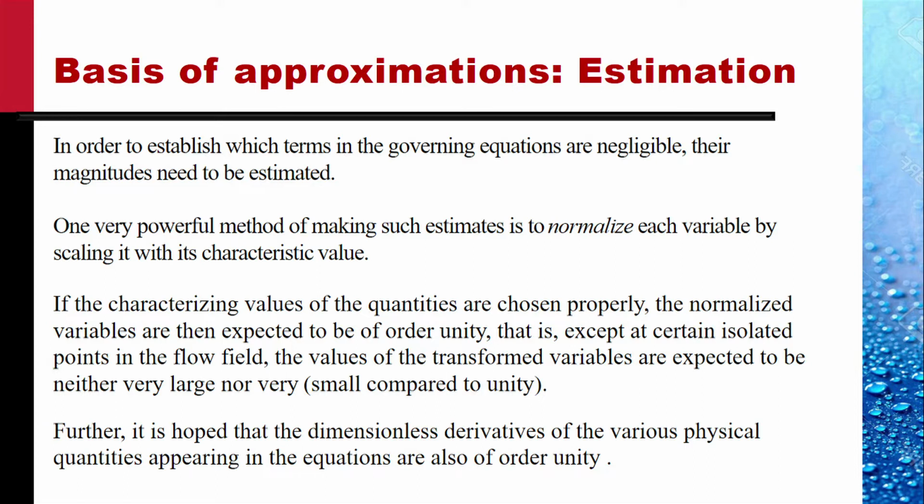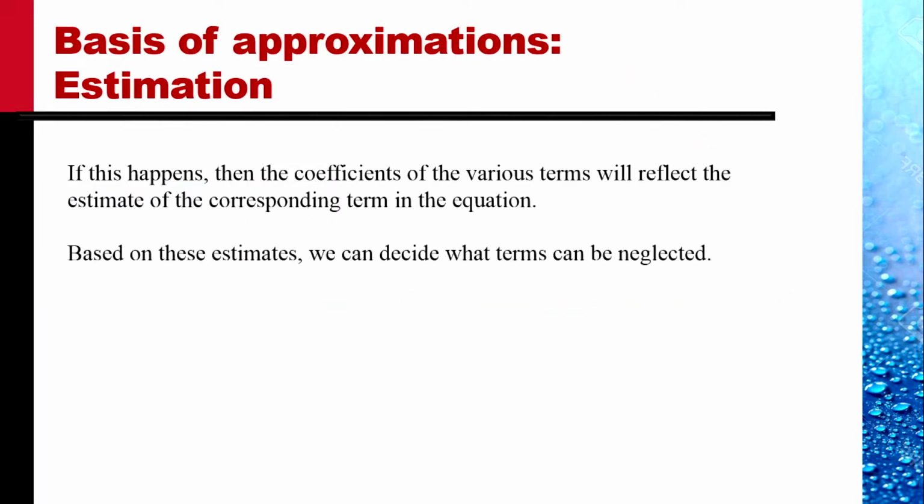We will learn to deal with this situation in a later lecture. If the proper estimates are obtained, then the coefficient of the various terms reflect the estimate of the corresponding term in the equation. Based on these estimates, we can then decide what terms can be neglected. We have been doing this for two examples that we discussed in the last class.